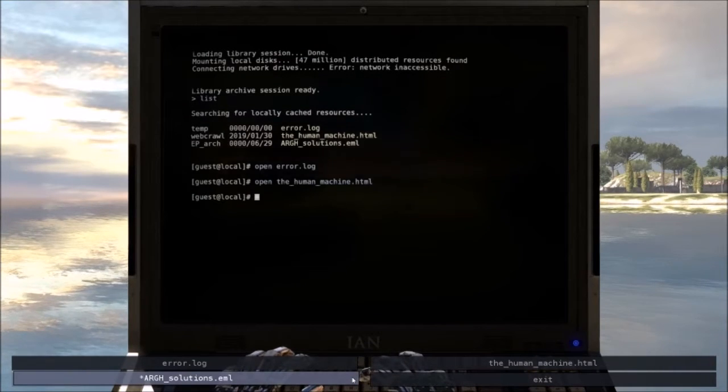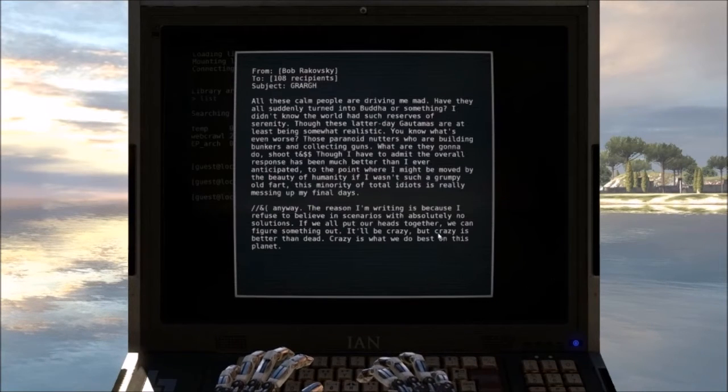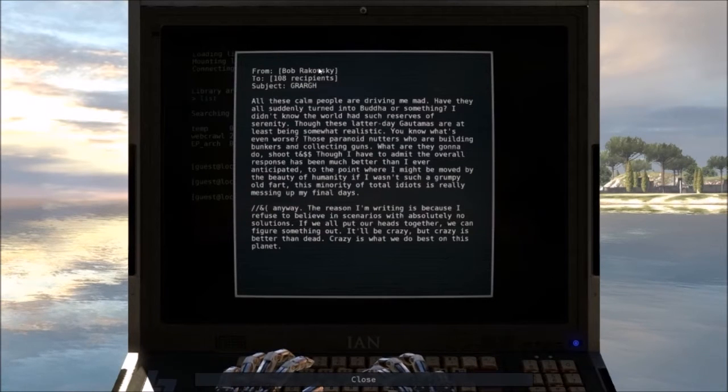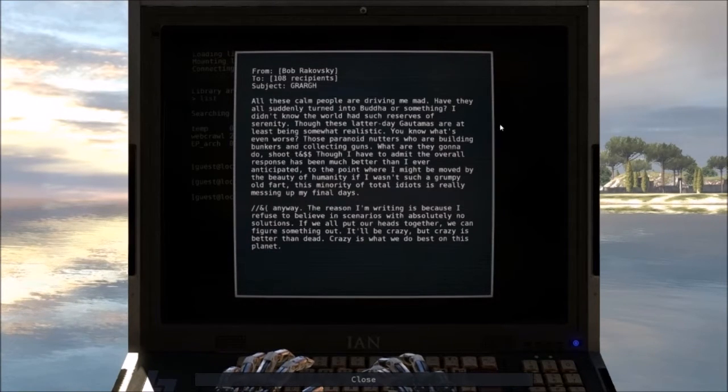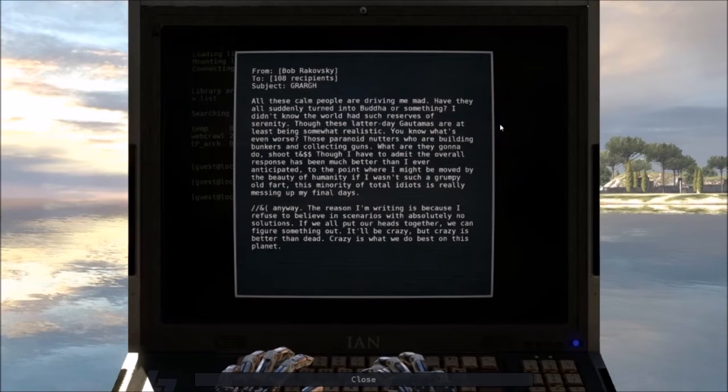Solutions email. From Bob. All these calm people are driving me mad. Have they all turned into Buddha or something? I didn't know the world had such reserves of serenity. Though these latter-day Gautamas are at least being somewhat realistic. You know what's even worse?